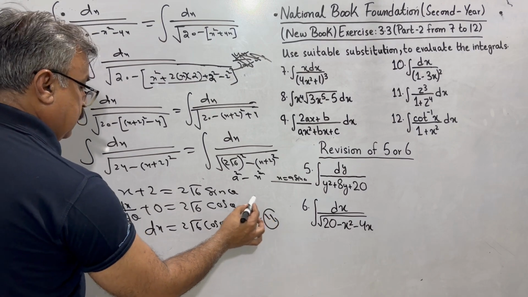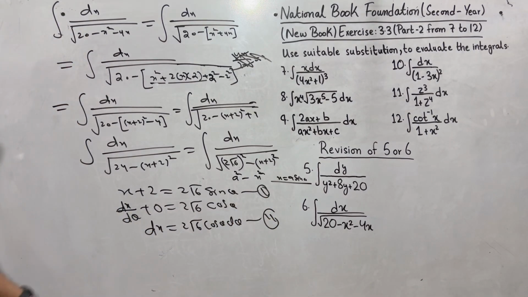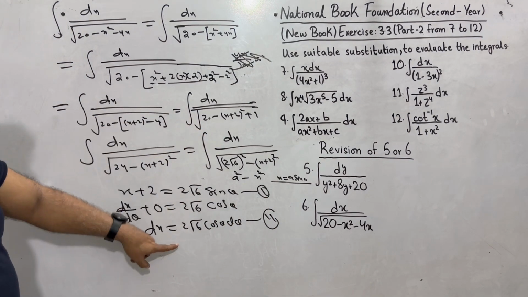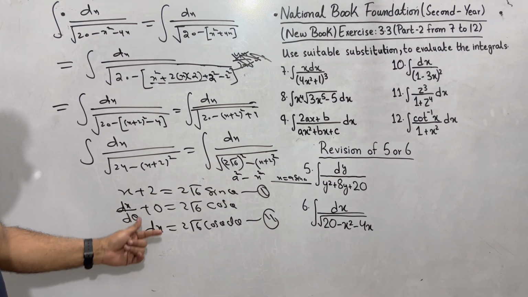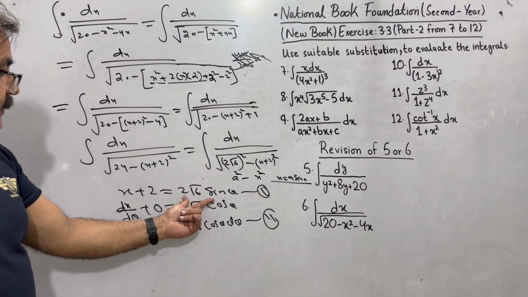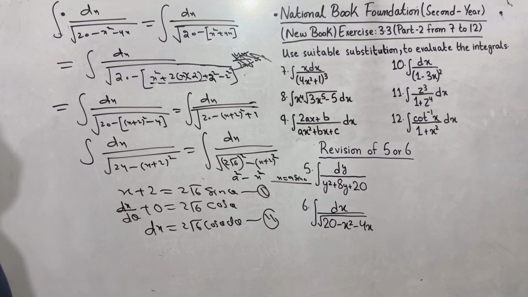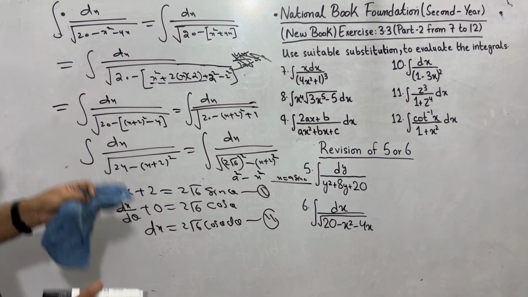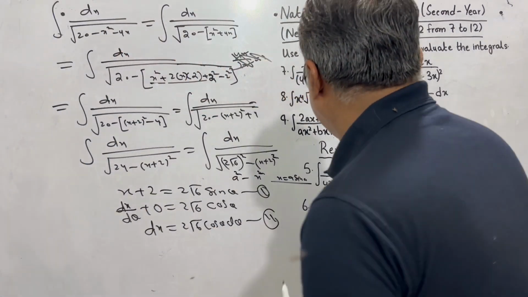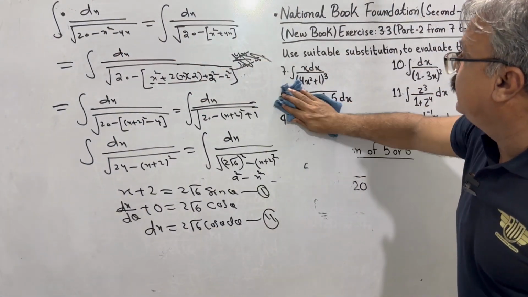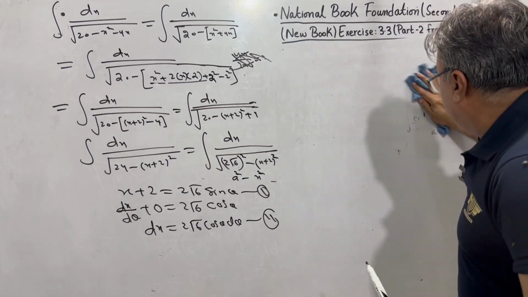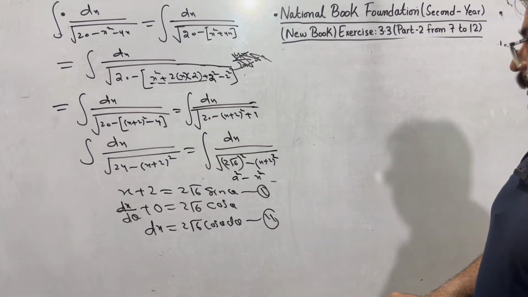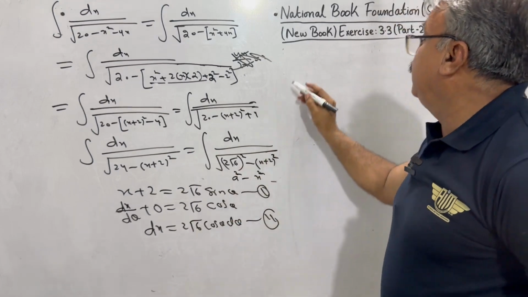That's our number 2. That's our number 1. Fit these values here. dx means 2 times root 6 cos theta, and here instead of x plus 2, write 2 times root 6 sin theta. So we have something like this. Let me erase this in order to make this peaceful. Okay, put both these values here.